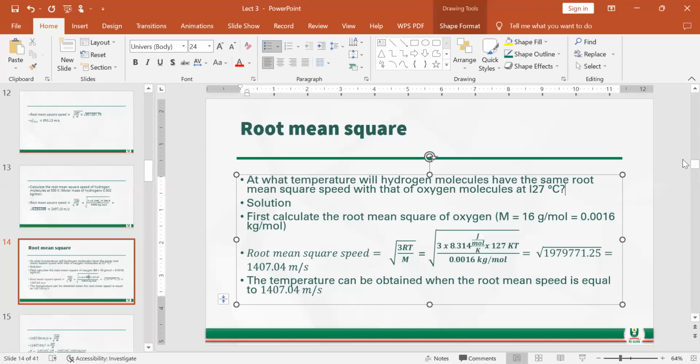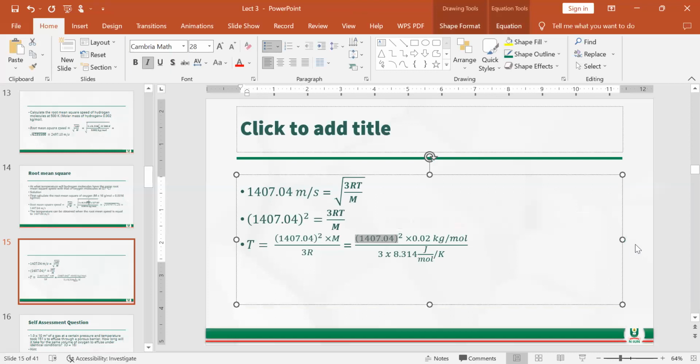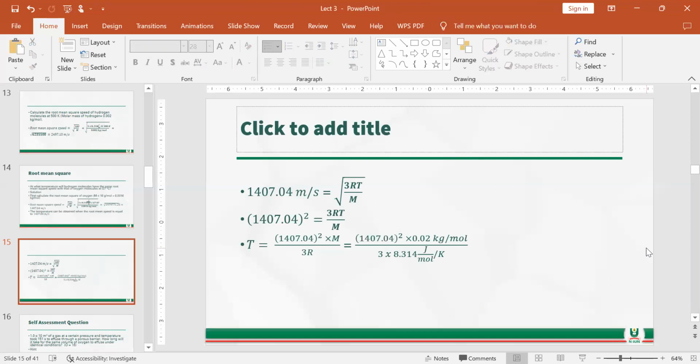How do you get this? When you remove the square root sign, you square what is on the left-hand side. Then make T the subject of the formula, and you'll be able to know the temperature at which hydrogen will have the same root mean square speed as the oxygen at 127.